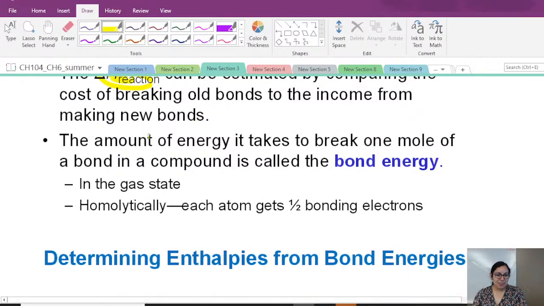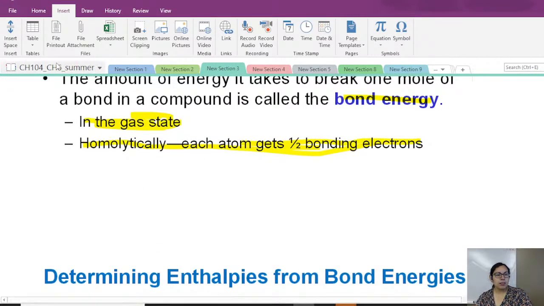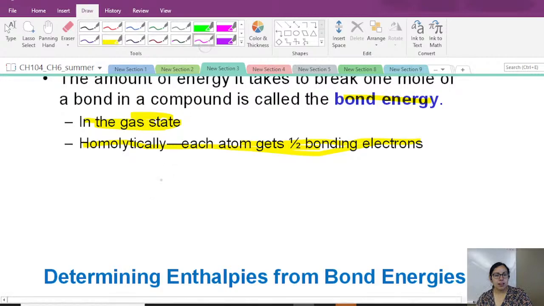Anyways. And so the amount of energy it takes, and again, this is more formal definition, to break one mole of bond in a compound is called a bond energy. And so this is how they calculate it. They calculate it in the gas state where they try to do that. And when they calculate it, they assume a homolytic bond or at least get it to react homolytically. And again, all that means is each atom gets half of their bonding electrons.